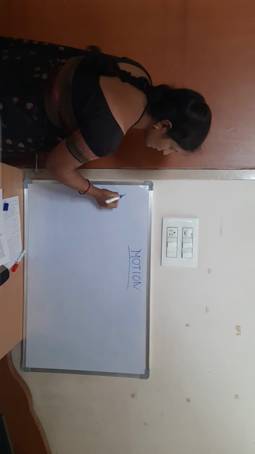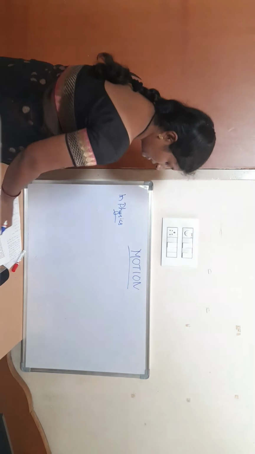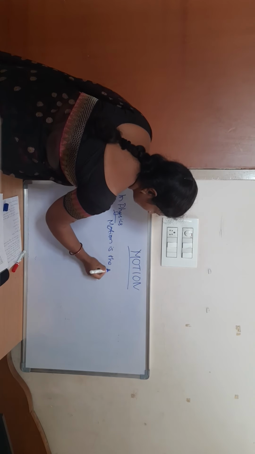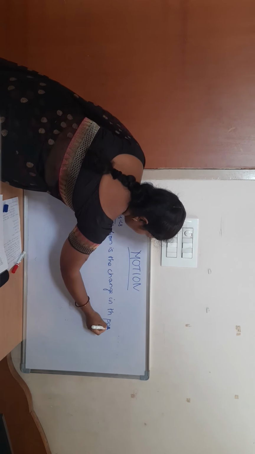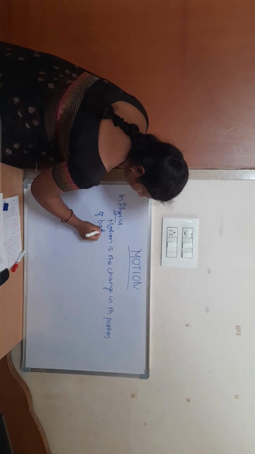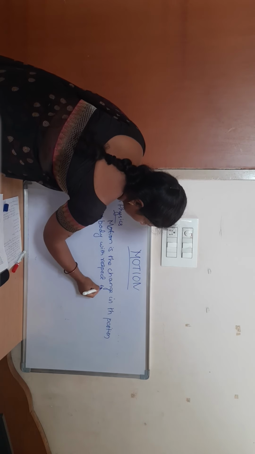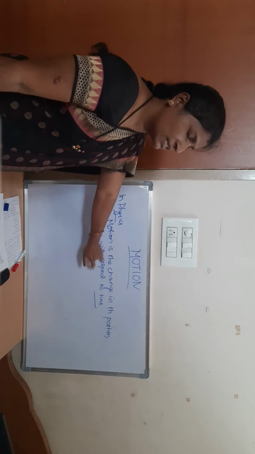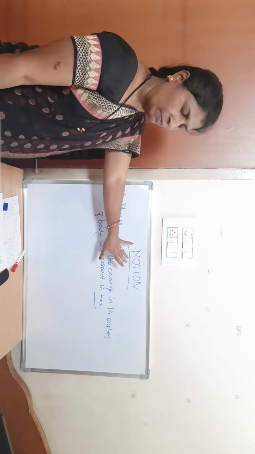In physics, we say that motion is the change in the position of a body with respect to time. What is motion? Motion is a change in the position of a body with respect to time.